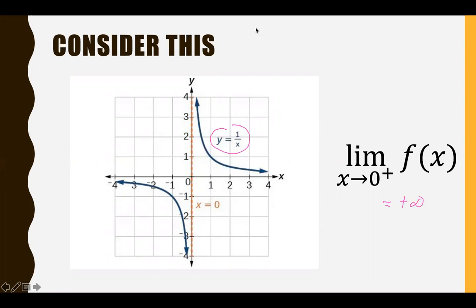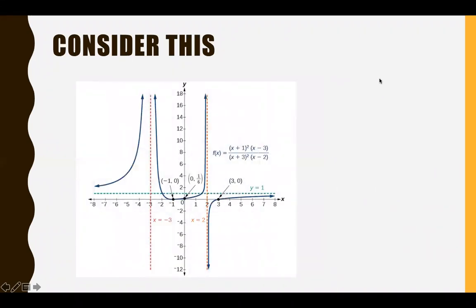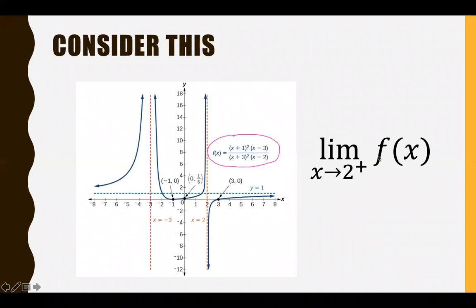All right. So how about we have another limit. Assuming we have this other graph, this is a complicated rational function. This is the equation of that specific rational function graph. Say, for example, you're asked to solve for the limit of f of x as x approaches 2 from the right.